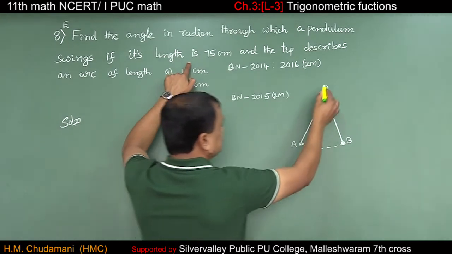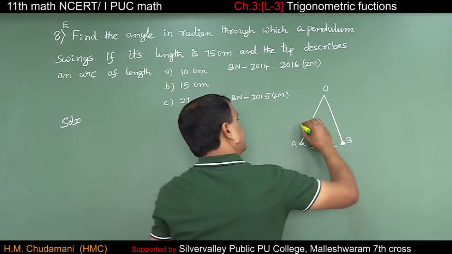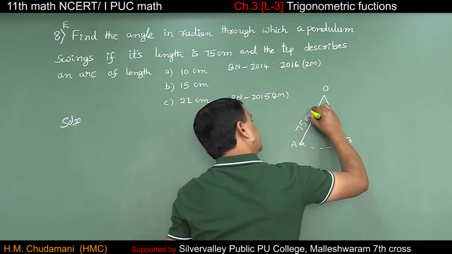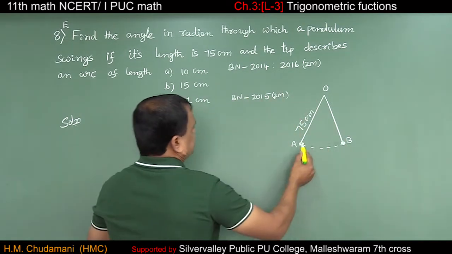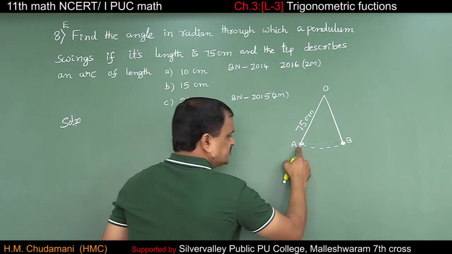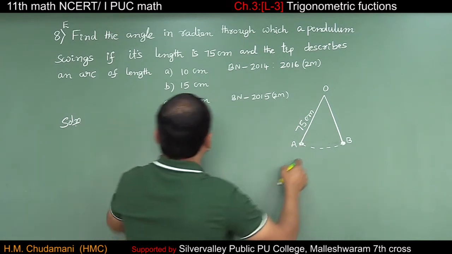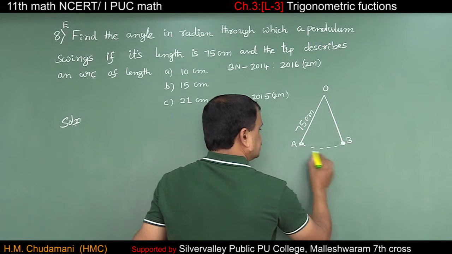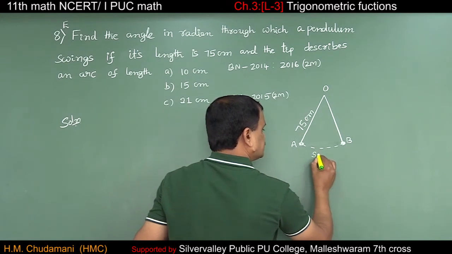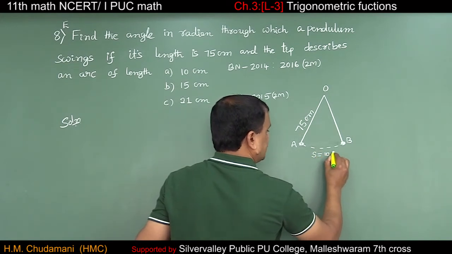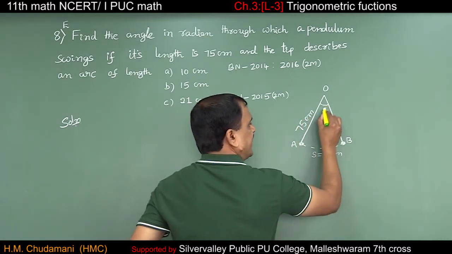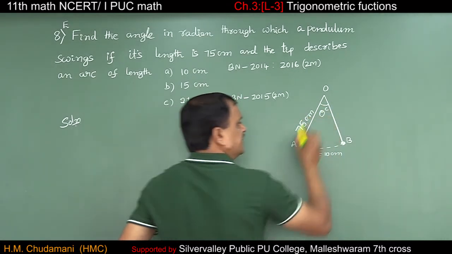If its length is 75 centimeter, this is the radius, nothing but 75 centimeter, and the tip describes an arc of length. In the first case, arc length S is equal to 10 centimeter. In the first case, you are supposed to find the angle in radian.